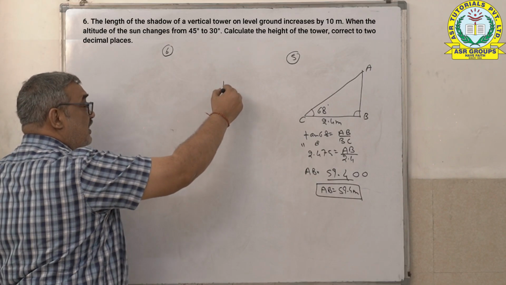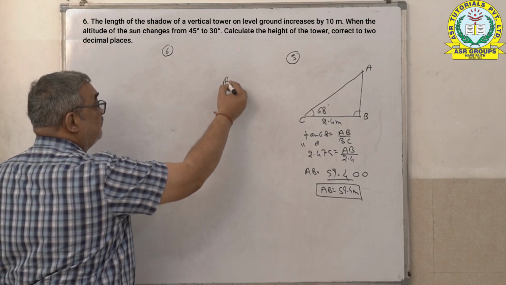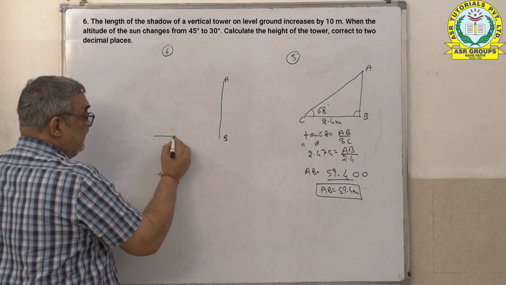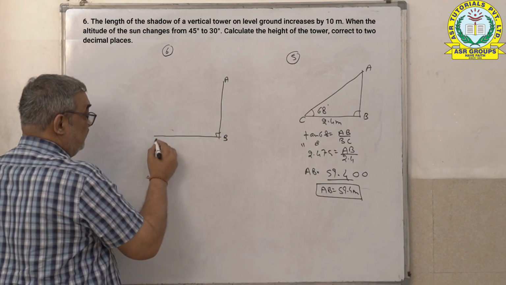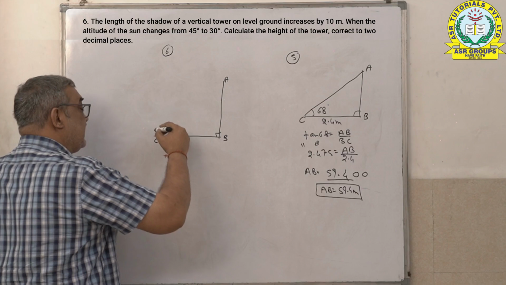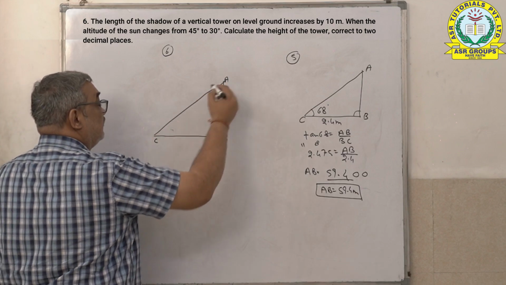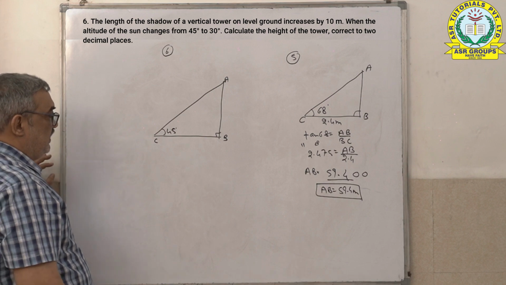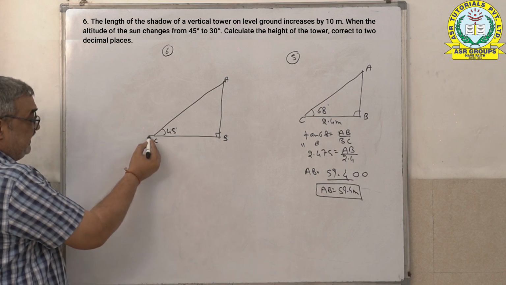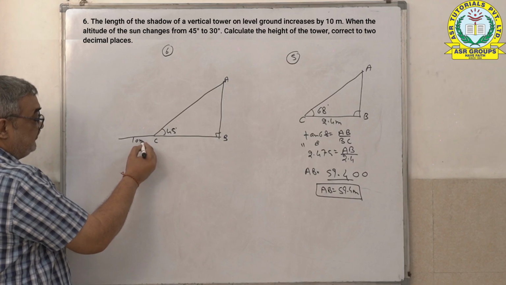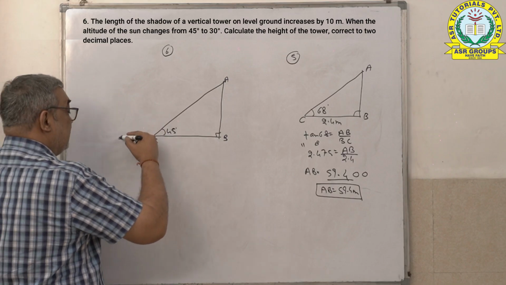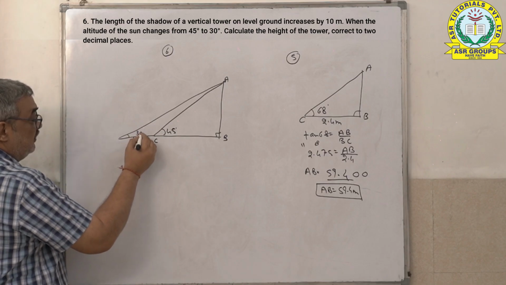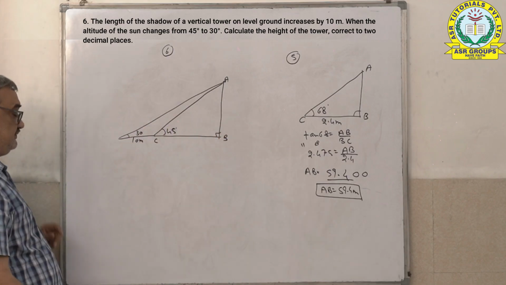This is a tower. Shadow was still here. And the angle of elevation was 45 degree. When shadow increased by 10 meter, the elevation changes to 30 degree. Find the height of the tower.